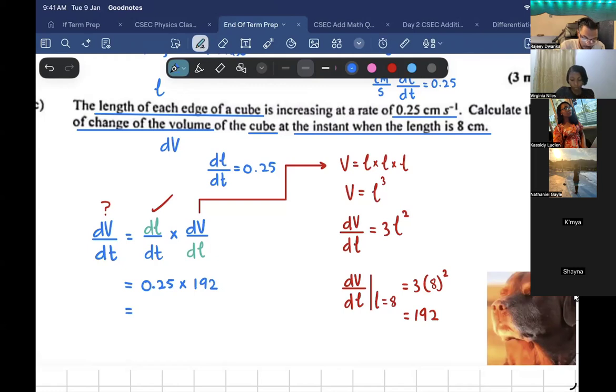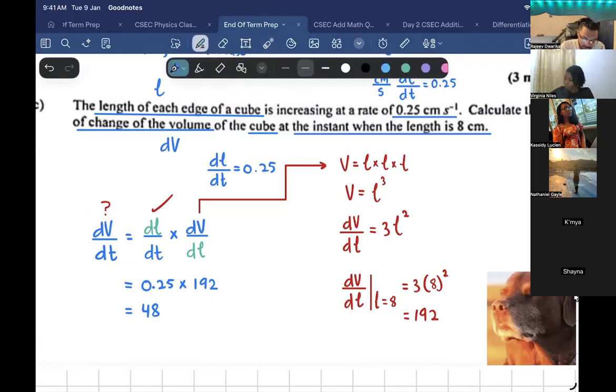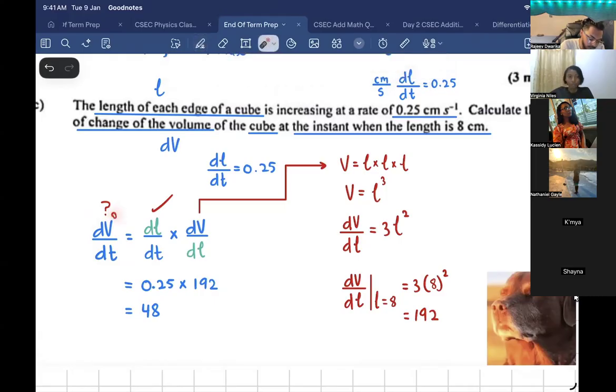Right? And what's 0.25 by 192? 48. And let's look at the units now. It's volume over time. If our length is measured in centimeters, then what would volume be? Right, so it's volume with respect to time. If we're measuring length using centimeters, what do you think we'll measure volume in?